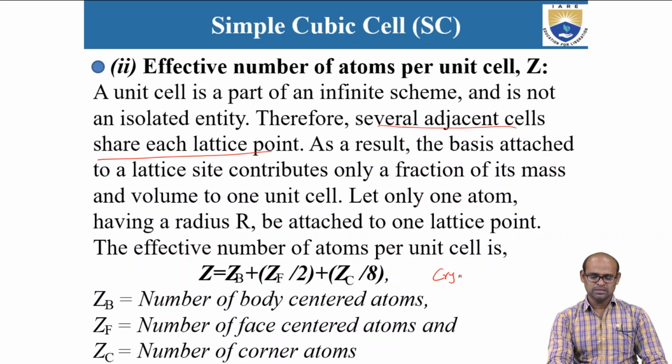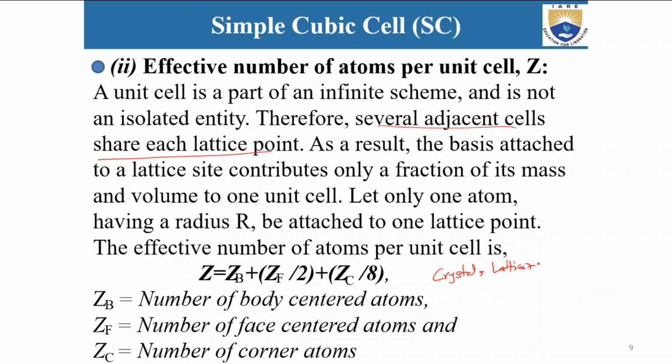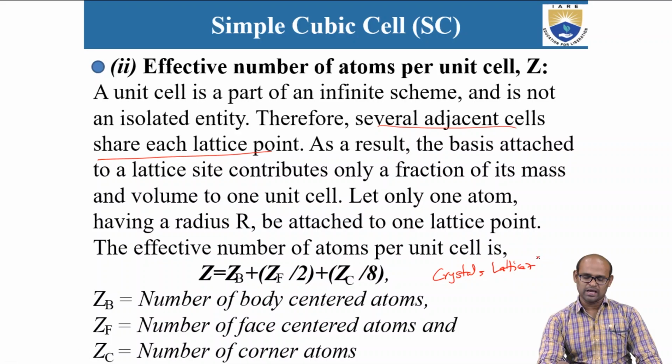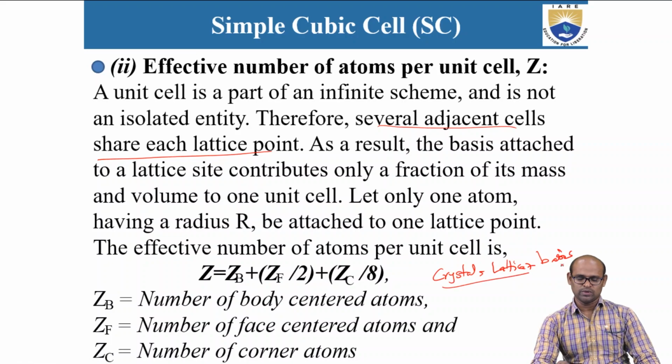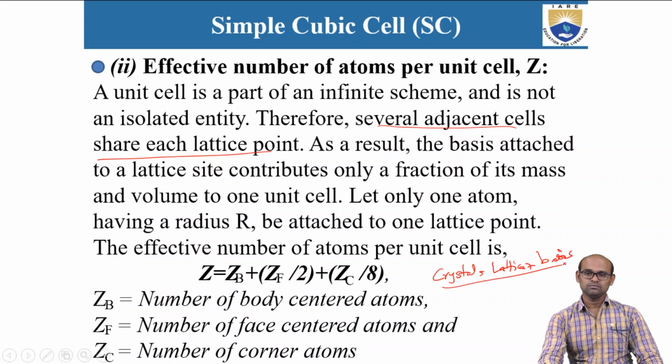So crystal is equal to lattice plus basis. Generating a lattice using repeated translation does not give you any crystal. After generating the space lattice using repeated translations, you have to attach a basis to each of these lattice points. Only then can you generate the crystal, right?